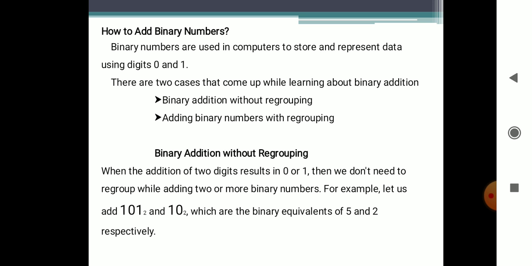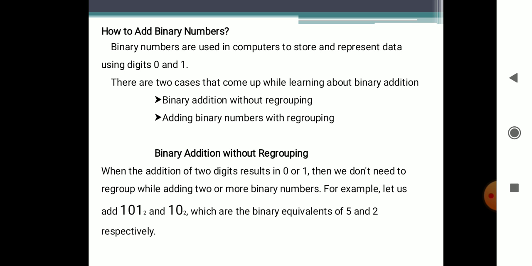We know that in decimal addition, when we get a result greater than 9, we use regrouping.